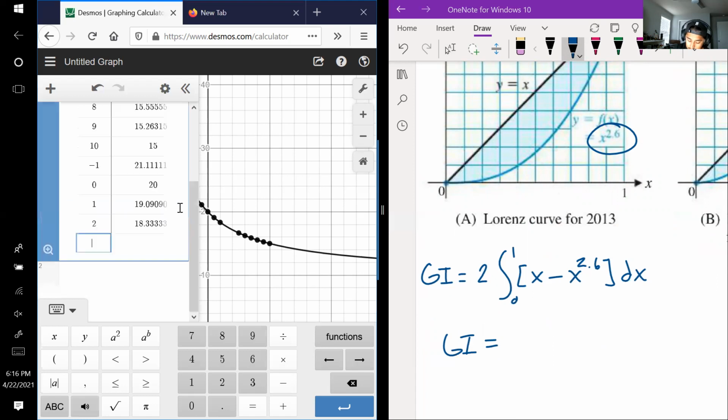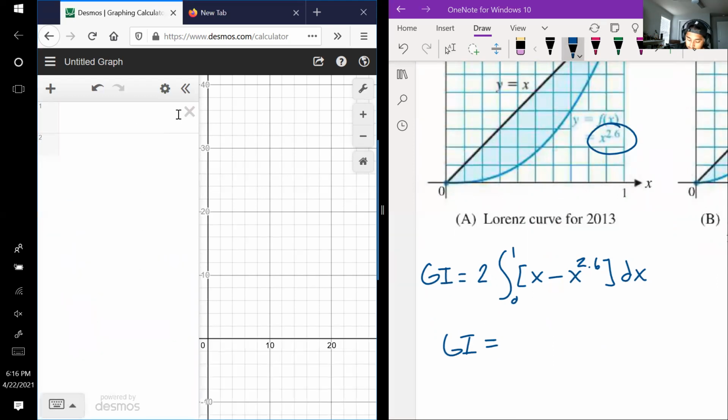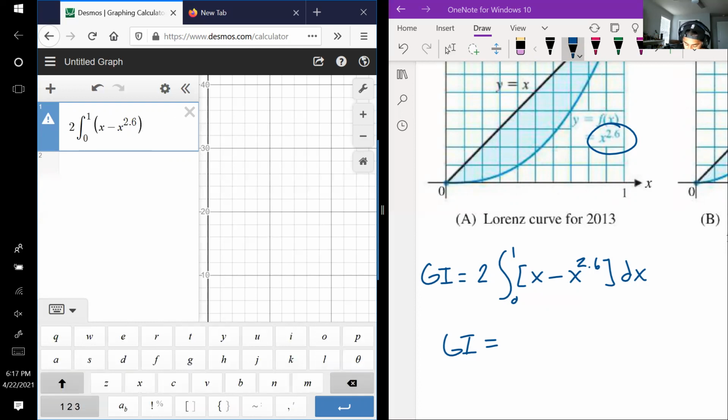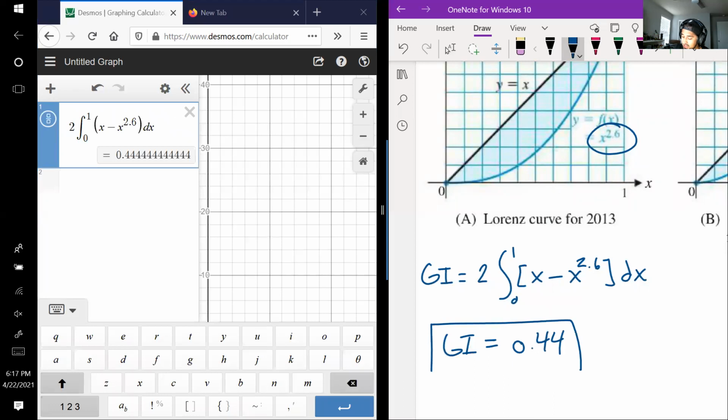So looking at Desmos over here, I get the integral, don't forget that 2 in front, 2 times the integral from 0 to 1 of x minus x to the 2.6 dx. And we get 0.44. So the Gini index for this population in 2013 is 0.44.